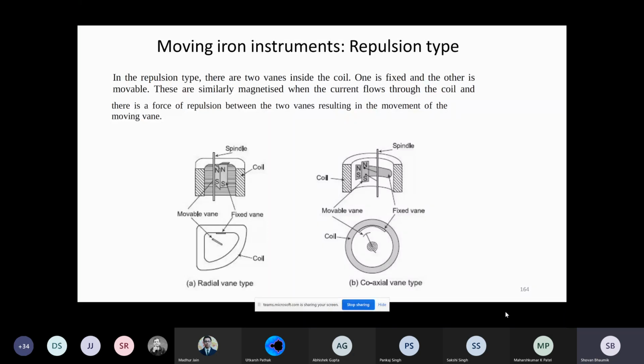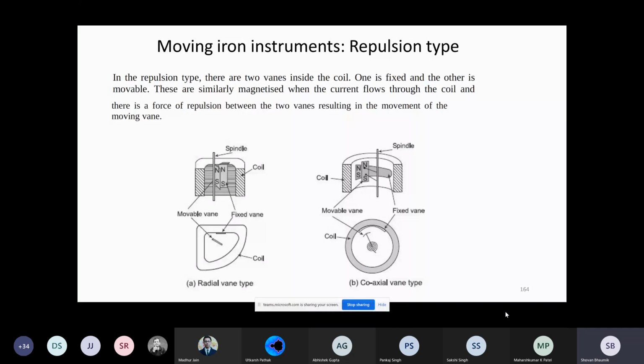Once the coil carries the current, the magnetic fields are produced on the two vanes in such a way that both the fixed vane and moving vane have the same magnetic poles. And they will be deflected.